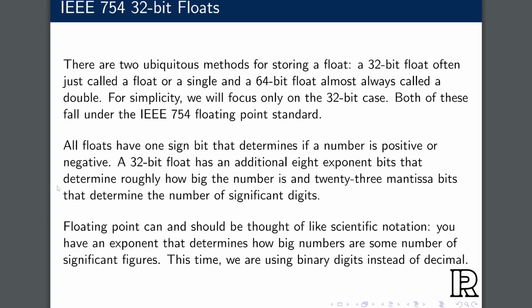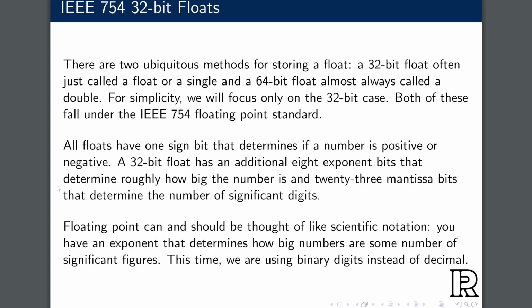It is some number that's less than 2 times 2 raised to some other number. Thinking about it this way, everything you ever learned in science class about how many significant figures you have after a computation may have seemed somewhat trivial, and if you're a computer scientist instead of a chemist, you may have wondered why you even care.